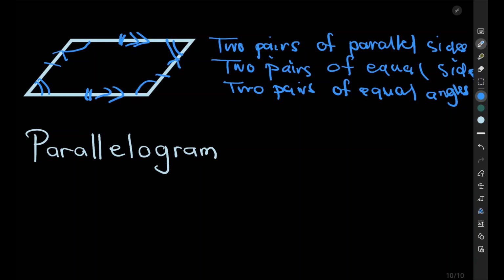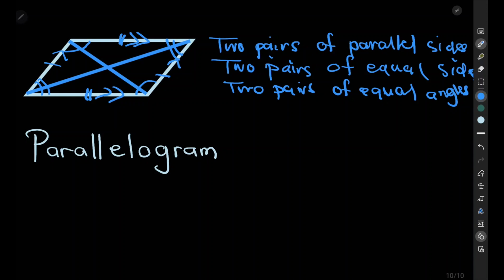The final property that I really want us to speak about is that the diagonals of a parallelogram, meaning if I draw a straight line like this and another straight line like this, those two diagonals bisect each other. By bisecting, we mean that they cut each other into two equal halves.